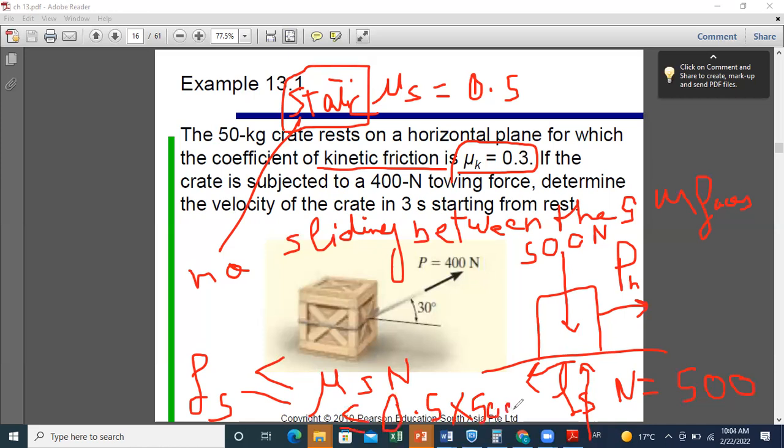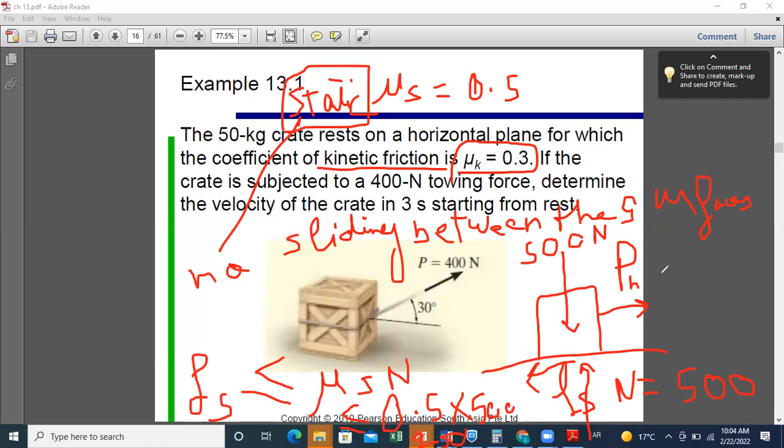This means that if I apply a force P horizontal smaller than 250, then I will not attain the maximum static friction, because as you can see here, what are the forces acting on your system? P horizontal in the horizontal direction, and the static friction. Let me assume equilibrium condition.